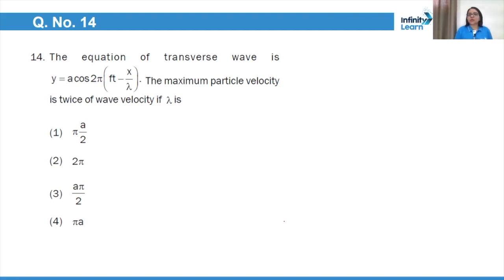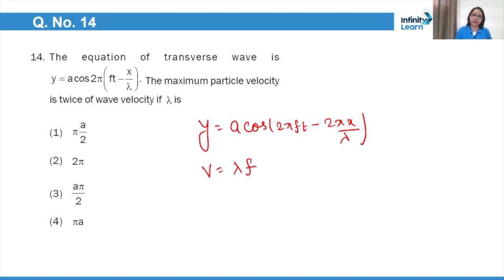Next question is question number 14. The equation of a transverse wave is given as y equals a cos (2 pi f t minus 2 pi x divided by lambda). The maximum particle velocity is twice the wave velocity if lambda is? So wave velocity is given as lambda into f, right?